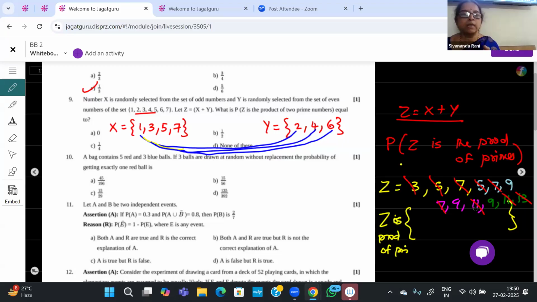Z can be 9 or Z can be... I think 6 arose somewhere, right? 6 is not a possibility. So only 9 is a possibility, right? 9 is expressible as 3 into 3. But 9 occurs in how many cases? That is x plus y. So 7 plus 2, or it can be 5 plus 4.